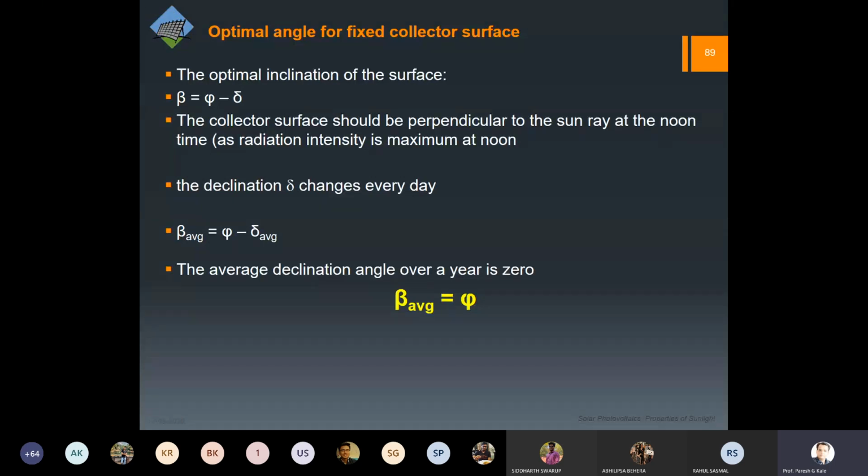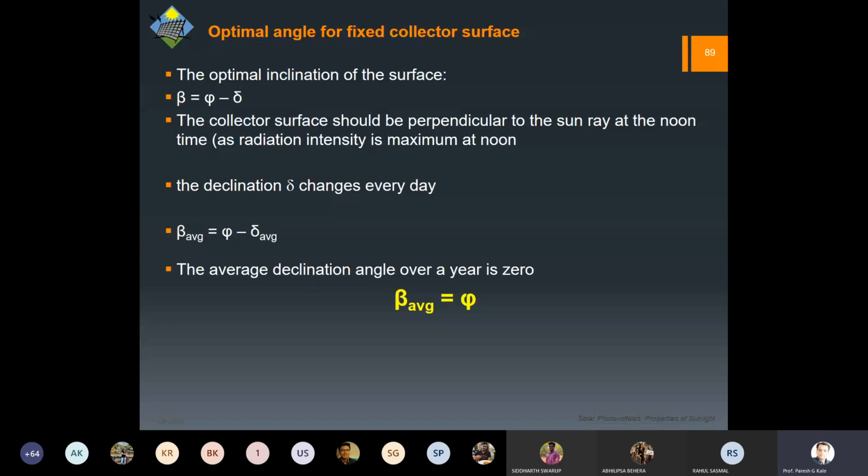So on the equator your panels would be flat, but as you go towards the northern side or the northern pole, the tilt will increase. Now imagine if you are in Leh Ladakh, the inclination will be much higher. And then if you go somewhere in Europe or Russia, the inclination will be higher still.